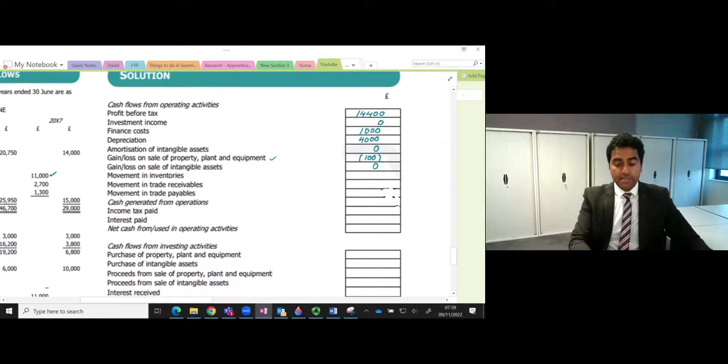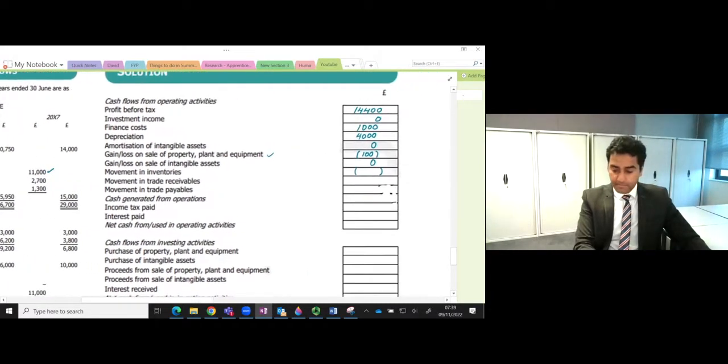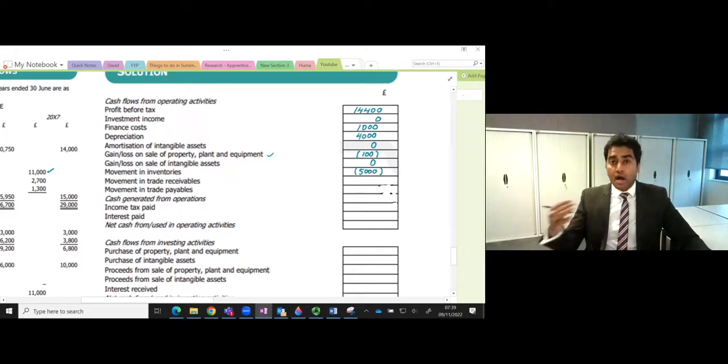And in my cash flow statement, I will be showing it as a negative figure, because my inventory is increasing. So 16,000 take away 11,000, and I'm going to record £5,000 because there has been a cash outflow.